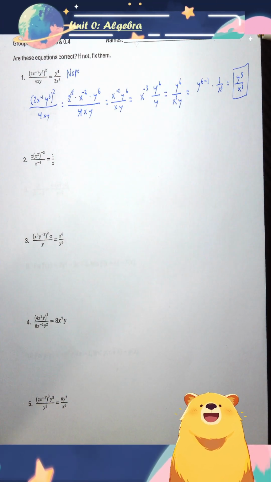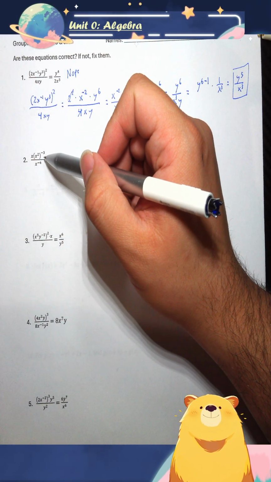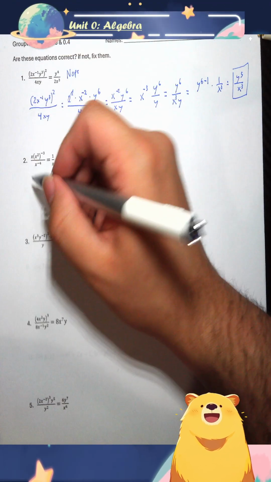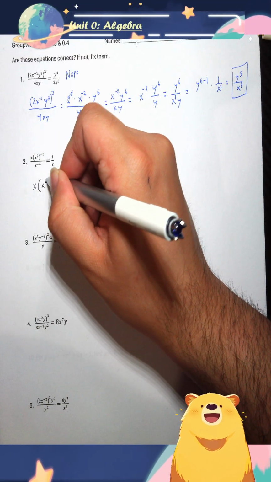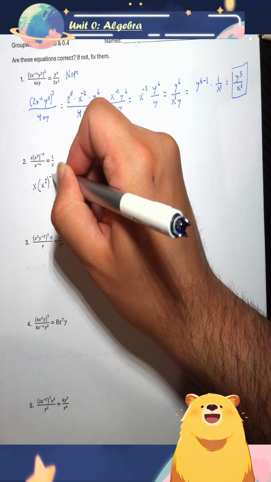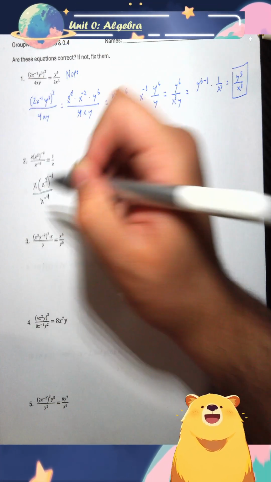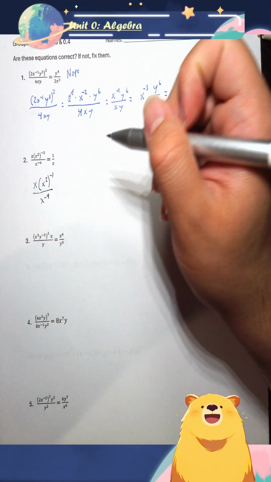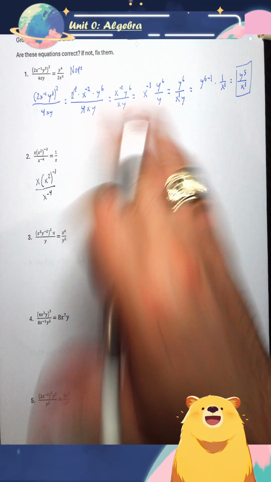Next prompt, we have all of this. Okay, let's rewrite it. First, we have x squared to the power of negative 3, x to the negative 4. So we have the luxury of all these being in the same base. The only problem, though, is that it's a lot.